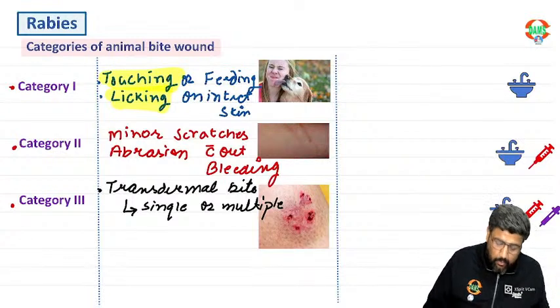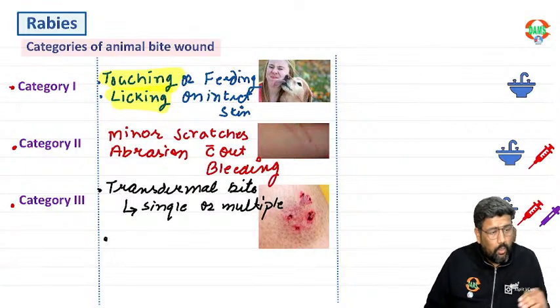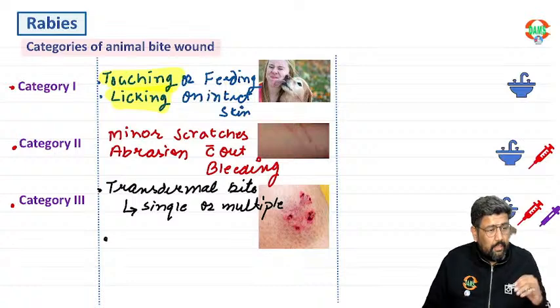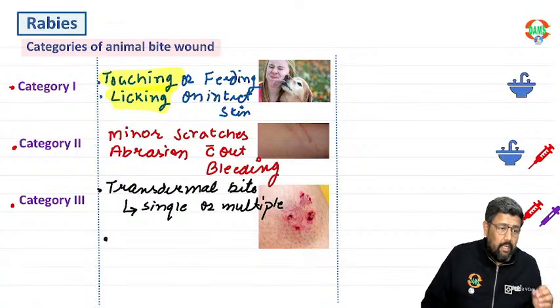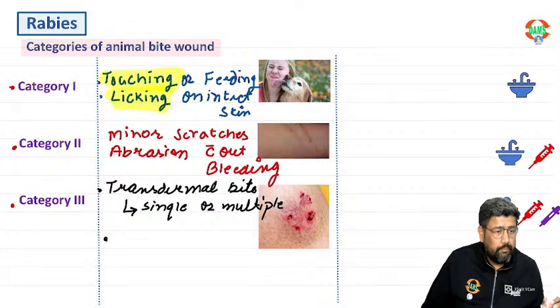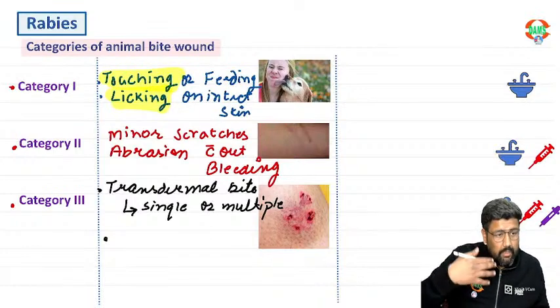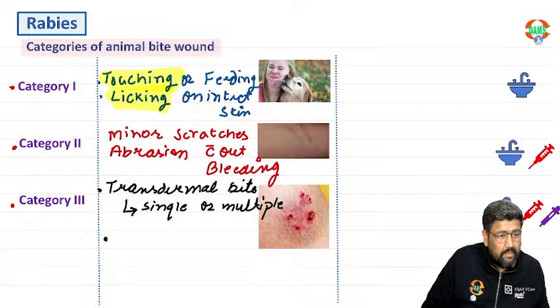For example, someone has a lesion, an ulcer or an abrasion in the foot, an already existing injury, and now the dog comes and licks the foot.